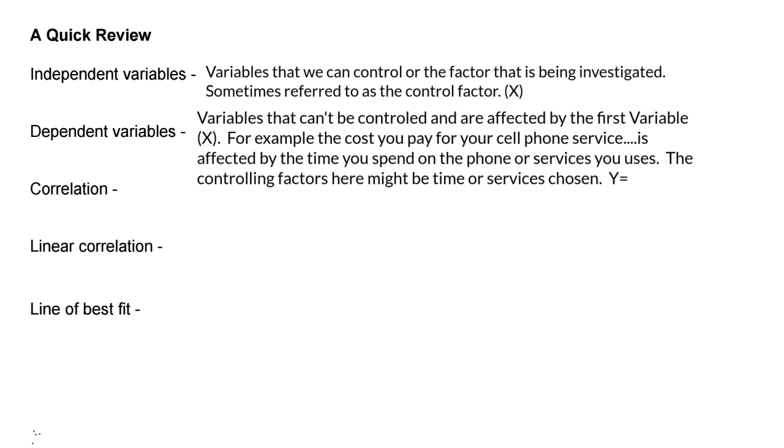Now, the controlling factor here might be the time or the services chosen. So you want to always think of this as y equals or cost equals or something like that. So the x variable is chosen and everything on the right side of that equation controls what happens with y.